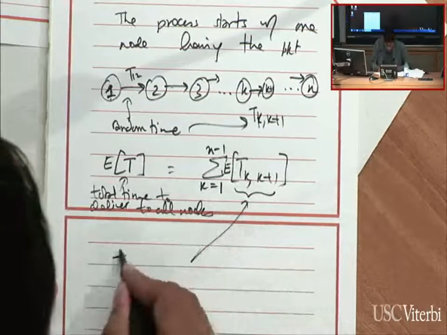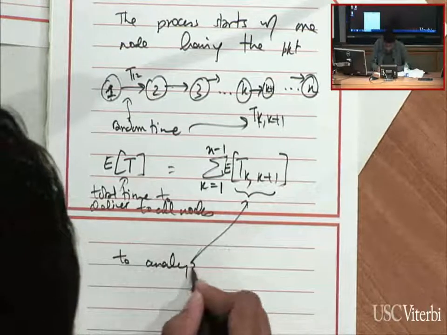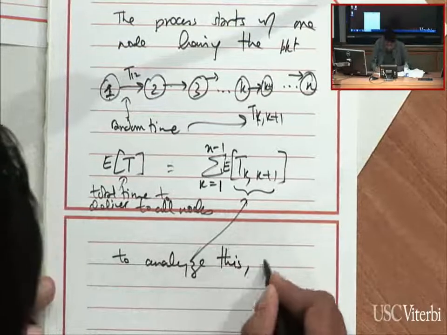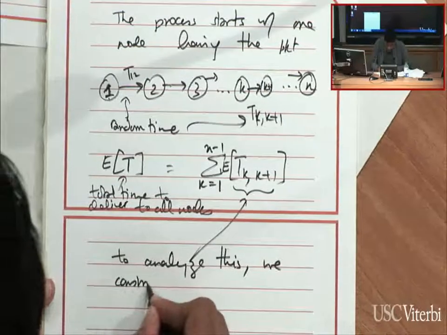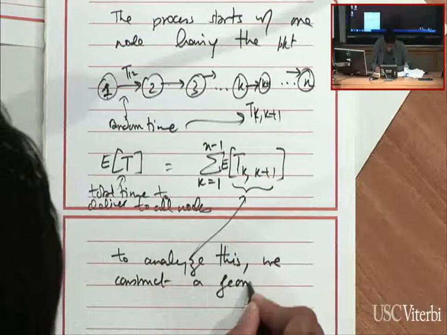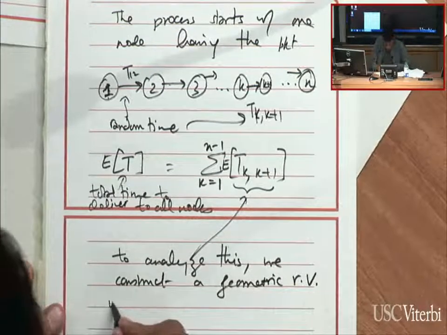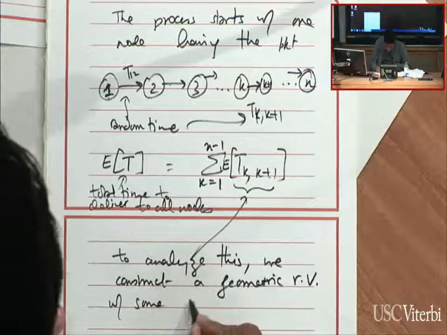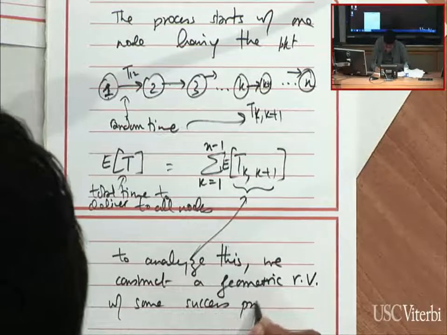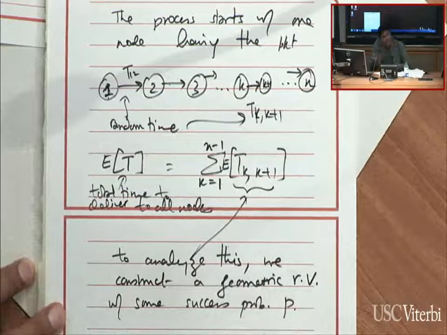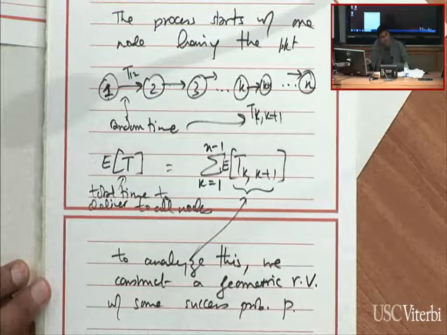So to analyze this, we construct a geometric random variable where, with some success probability p, it happens in one time step. How long does it take for it to happen?